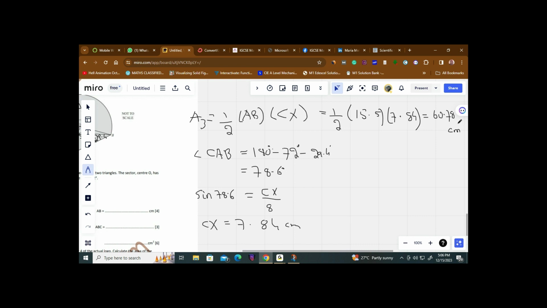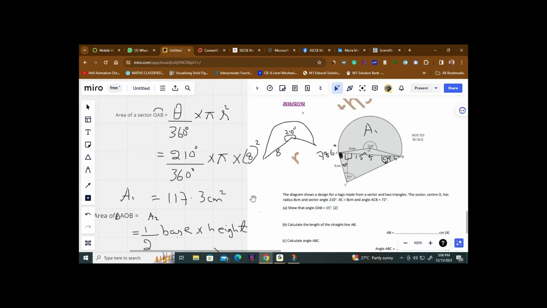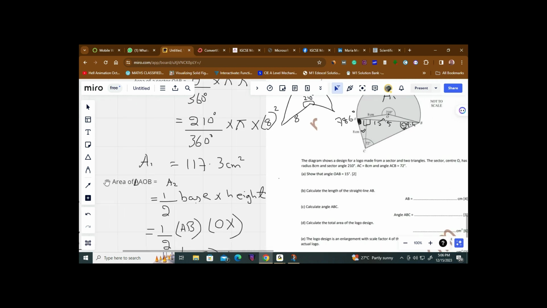So this triangle area is known, the thin triangle area is also known, and the sector area is also known to us, 117.3. We're going to sum up all these three area values, and we are going to get the area of the Lugo.